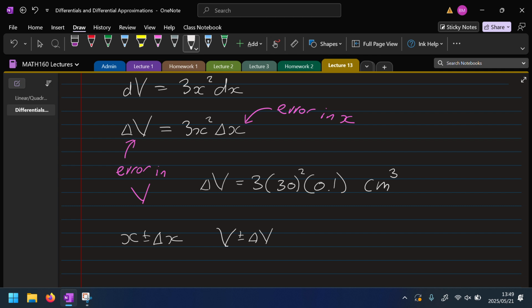You measure x, you've got some error, plus minus delta x. You measure V, and you've got some error, plus minus delta V. That's what we're looking for, that delta V. Any questions? No. Okay. And then this would be your experiment results. You would write that down.